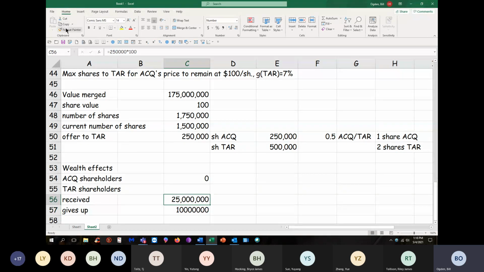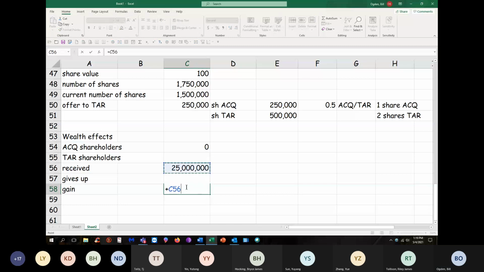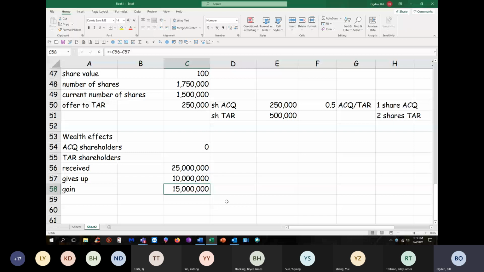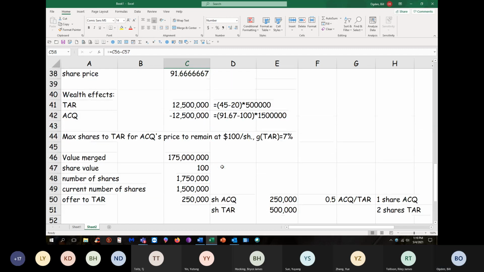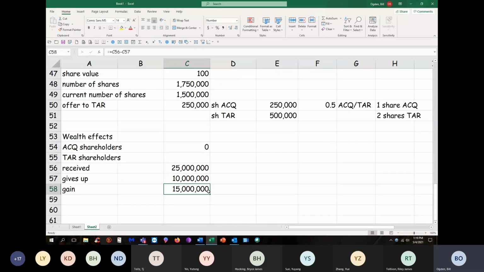So their gain will be the difference. They gained $15 million. So that worked out pretty well, didn't it?